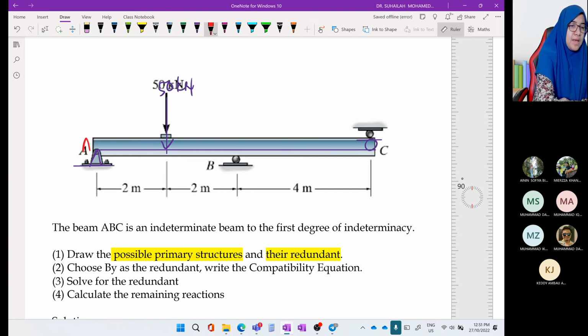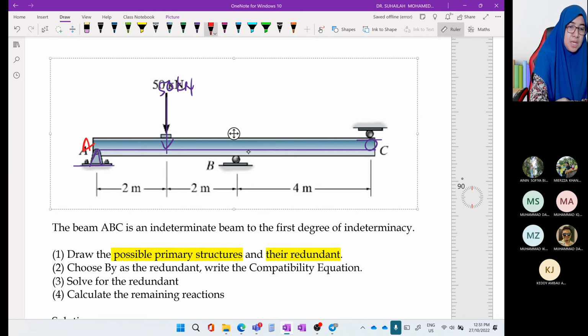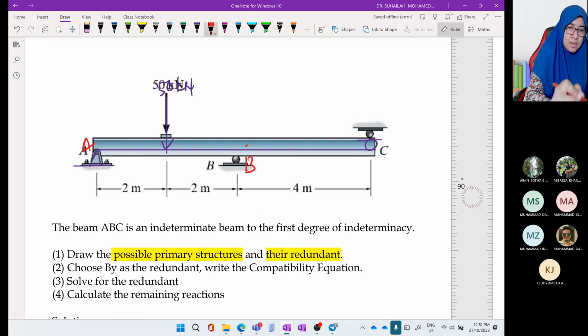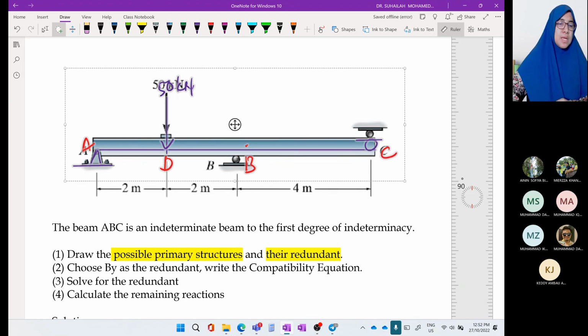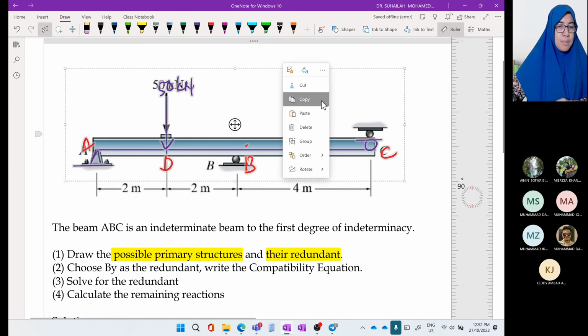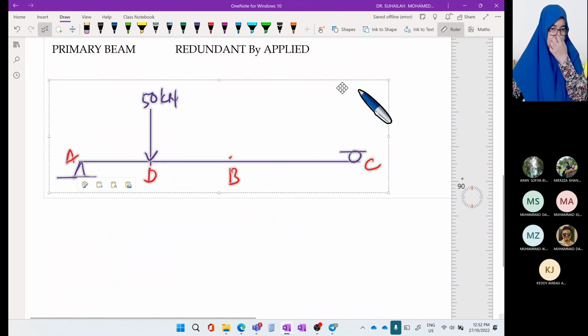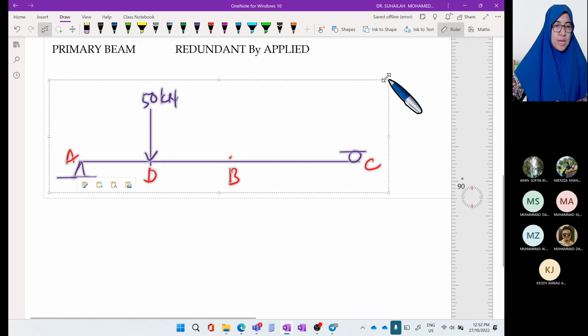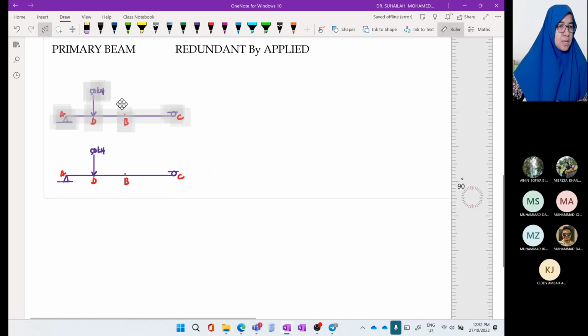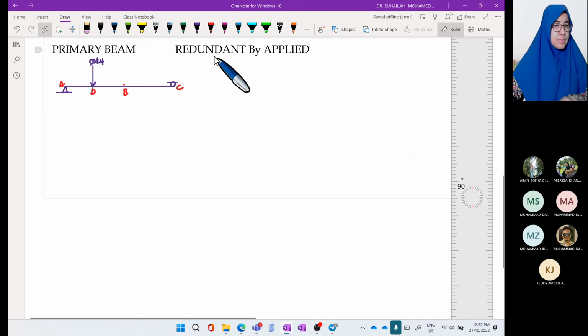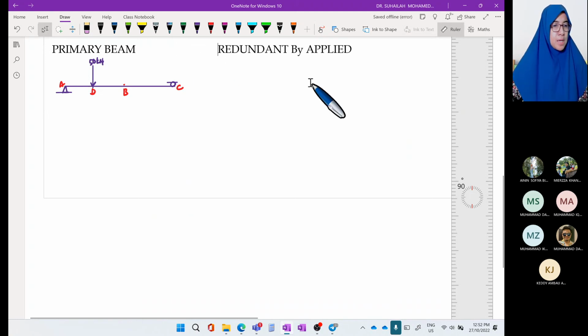So we have A, B, here B, C, as well as D. Okay, this is the primary beam for option number one.